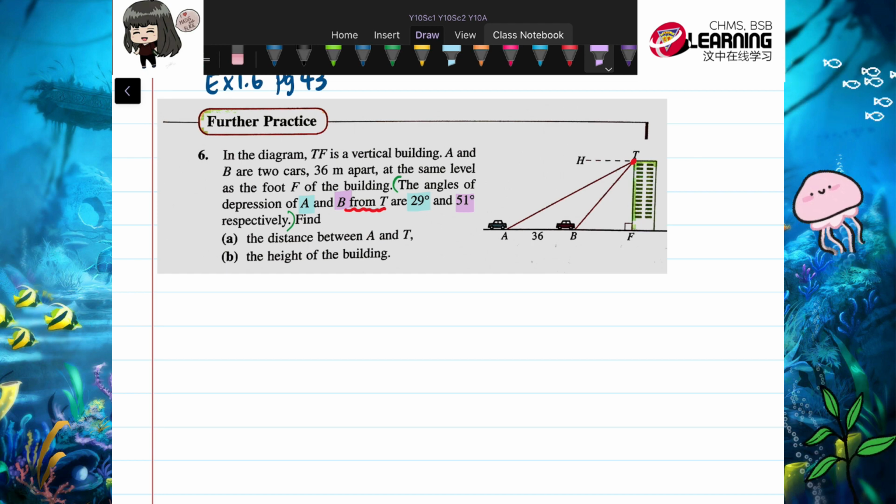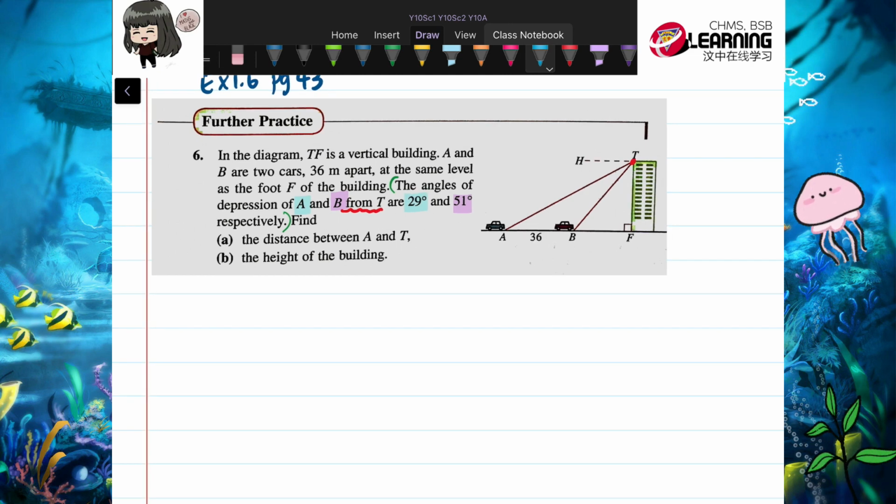Angle of depression of A from T, the blue one first, is 29. Depression of A from T means you need to draw a connecting line AT, the blue AT, like that. Remember, for angle of depression and elevation, you must always look at the horizontal. So the horizontal is this.